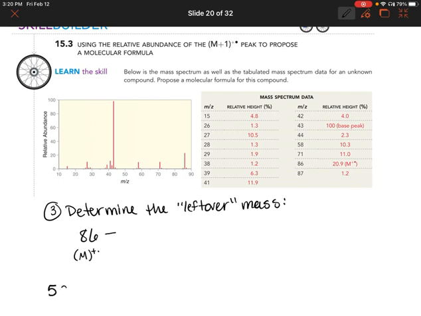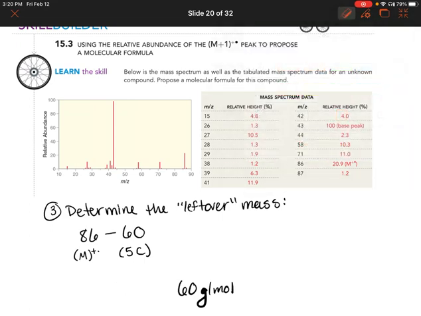We have 5 carbons, and each one weighs 12.01 grams per mole. What does that give us? About 60 grams per mole. So I'm going to subtract 60 from 86, and again, that's from our 5 carbons.